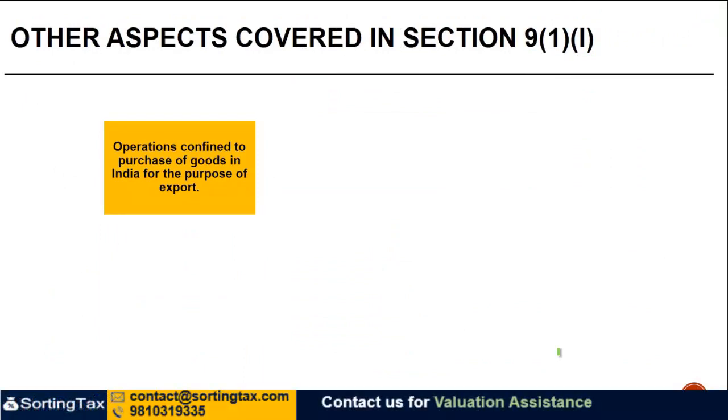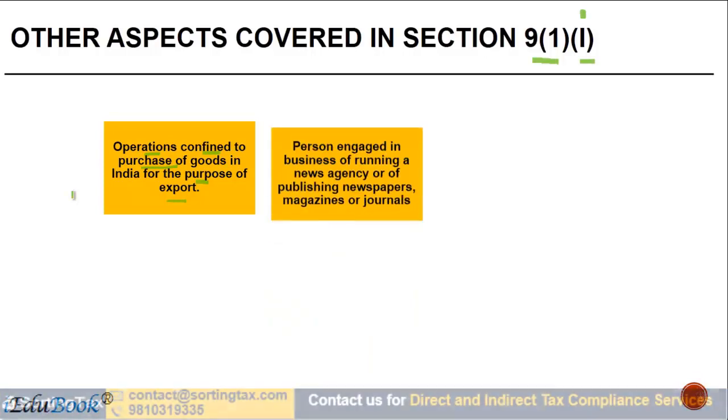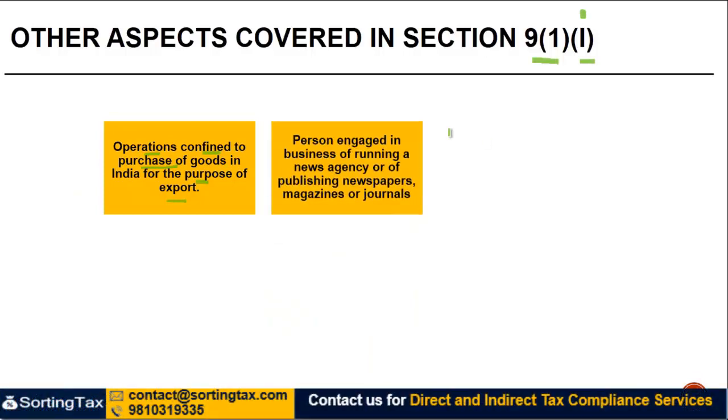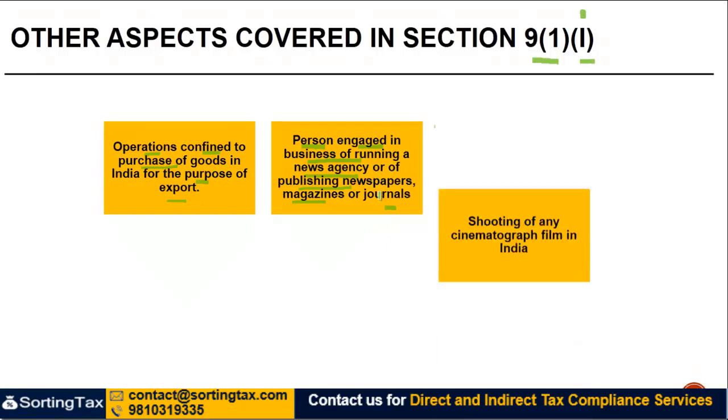But there are certain other aspects in Section 9(1) as well. What they say is that if the operations are confined to the purchase of goods in India for the purpose of export, then no income shall be deemed to accrue or arise in India. In the case of a person engaged in the business of running a news agency or of publishing newspapers, magazines or journals outside India, no income shall be deemed to accrue or arise in India if they are just collecting news and views from India.